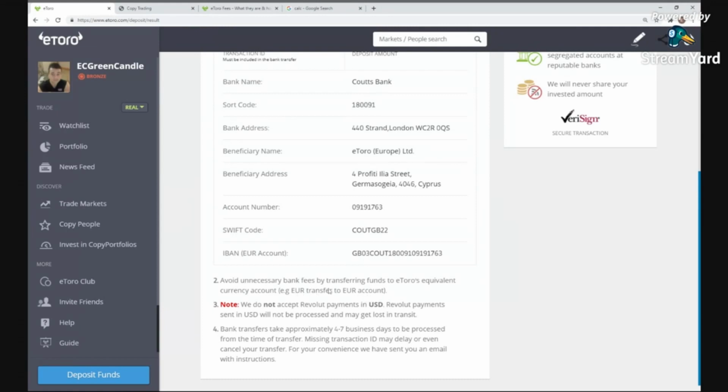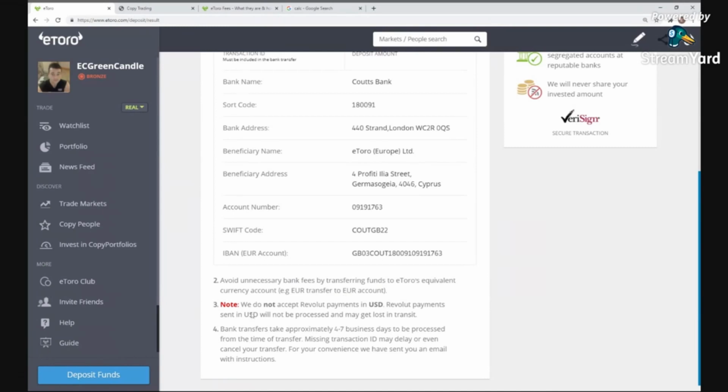So if you're using the Filipino, it's peso, sorry. You would transfer the money over in Filipino peso into eToro. You wouldn't change it to dollars and then transfer it in.